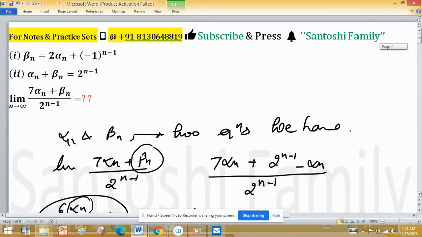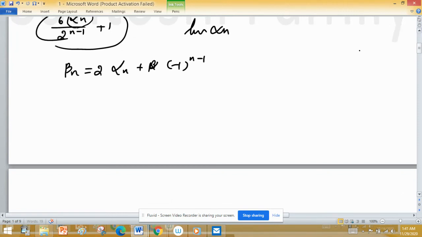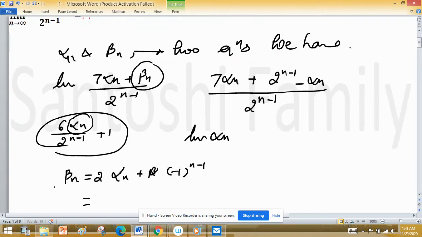This is the second equation. First equation we have, and beta n we already used from equation 2. So again use beta n equal to 2 raised to the power n minus 1 minus alpha n, equal to 2 times alpha n plus minus 1 raised to the power n minus 1.